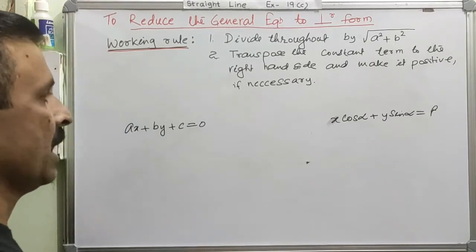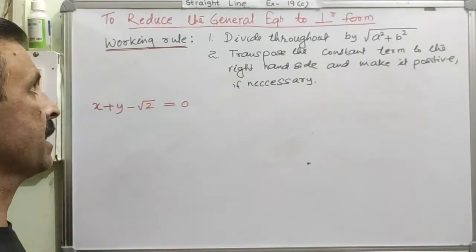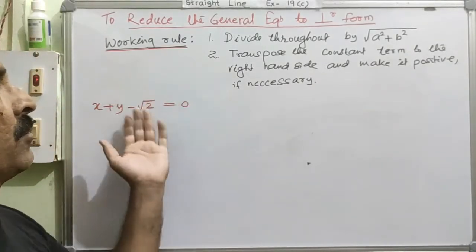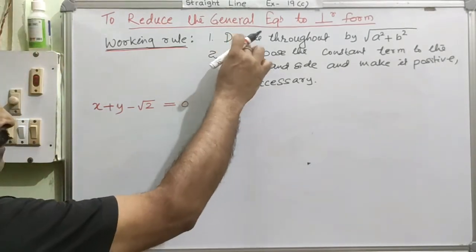And with this, I will show you one very simple example. This is your question, right? And this general equation, we are going to convert into perpendicular form. So first of all, we will follow this step.